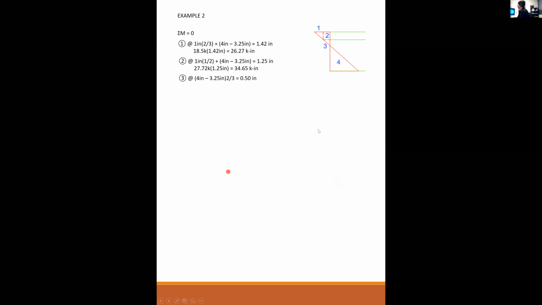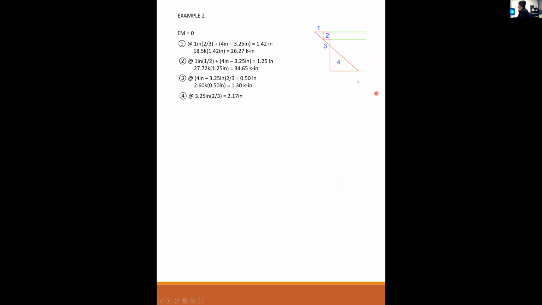Part number 3. Now I'm below this, so this dimension here is 4 minus 3.25 times 2/3 for the triangle. So my moment arm is 1/2 inch. And the force was 2.6 kips times 1/2 inch, clockwise direction, gives me 1.3 kip inches.